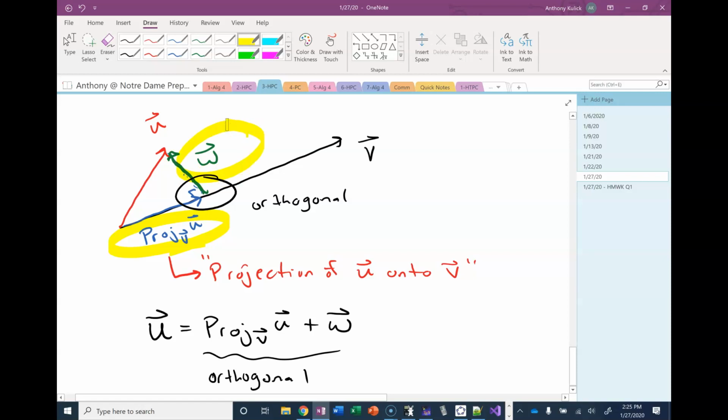In conjunction with this vector W, those are two orthogonal vectors whose sum is vector U. What I've done is I've broken vector U up into the sum of two orthogonal vectors. So let's give ourselves a formula on how to calculate this projection vector, right? Because right now all it is is a picture.